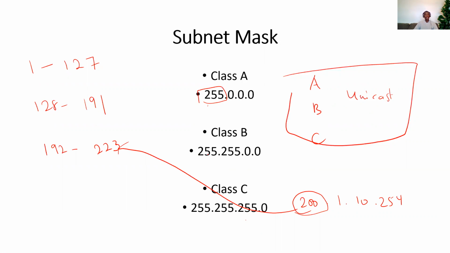For class B, we have two 255s and 0.0. For class C, we have 255.255.255.0. So we can say for certain that class A addresses have only one 255 for the subnet mask. Class B has 2 of the 255s, and class C has 3 of the 255s.